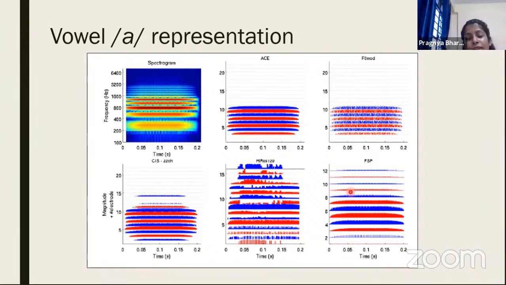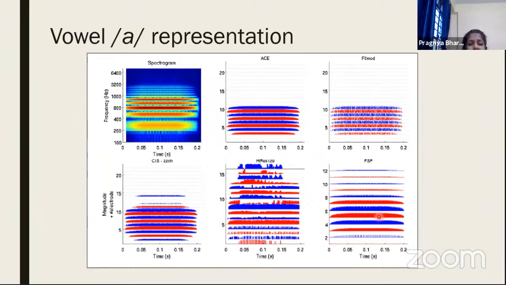So here is a final representation of the vowel R. This is its spectrogram, and this is a rough representation of its electrodograms using various stimulation strategies. A, this is using CIS, this is using HiRes 120, and this is using the fine structure processing.